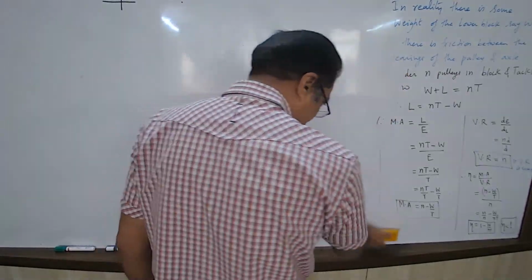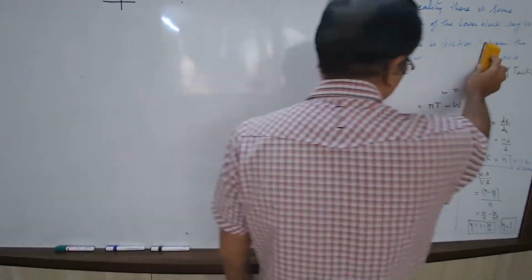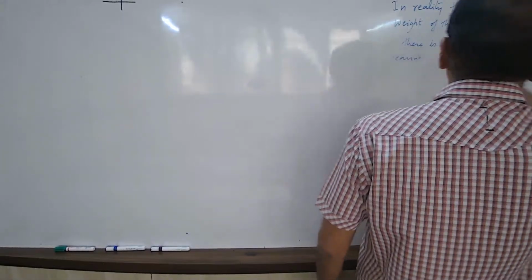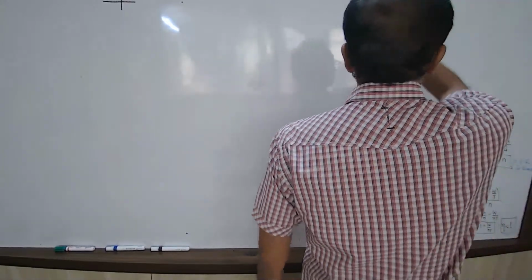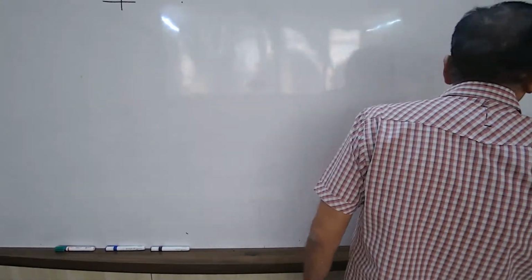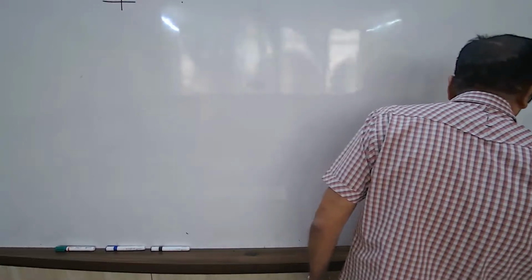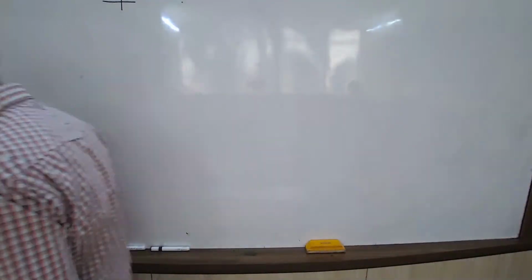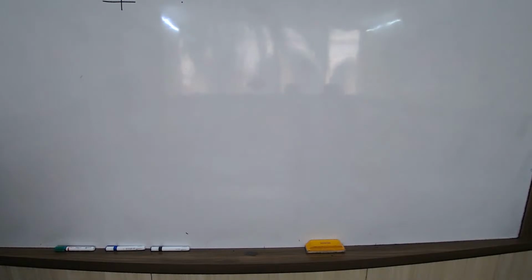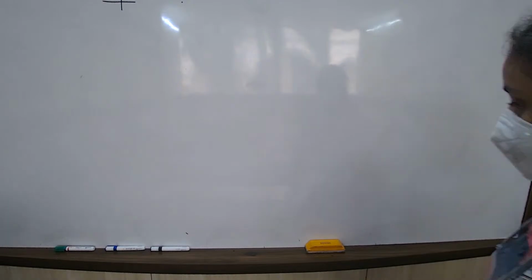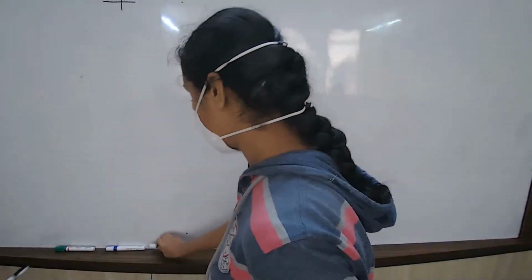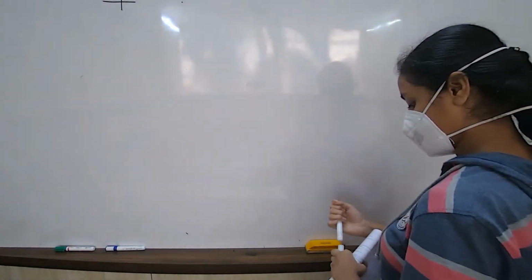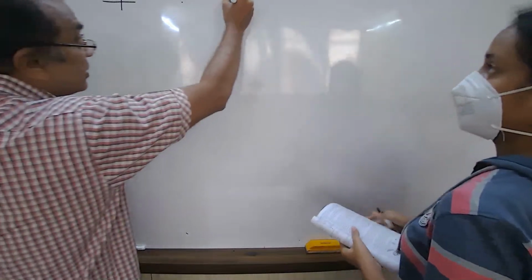चलो, आ जाओ board पे. Numerical has to be done on board. So first you write all the given data and we'll first solve A. So this is students area.